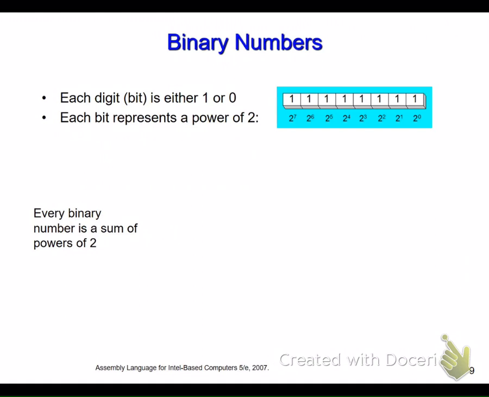With this binary number, each bit is either 0 or 1. I would like to comment that when we say this is a binary number, it means that we are working with something called a base of 2.